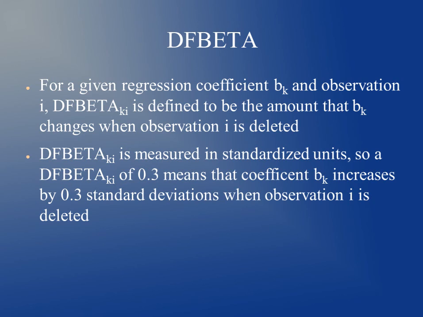If we had a DFBETA ki of 0.3, it means that the coefficient on that predictor k increases by 0.3 standard deviations when the observation is deleted. So a greater value of DFBETA indicates that if we removed that individual from our regression, it would greatly change the model.